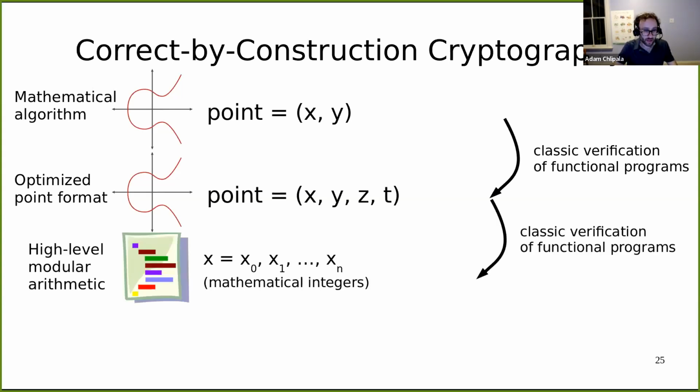And then the next level is to think about how we represent the individual modular integers within these points, the different coordinates. Each integer needs to be split into a bunch of integers that are small enough to fit in the registers of the kinds of machines we're targeting. And so we need our variations on classic arithmetic operations that work on these lists of integers to represent single big integers. And so this is another problem in formally verifying functional programs.